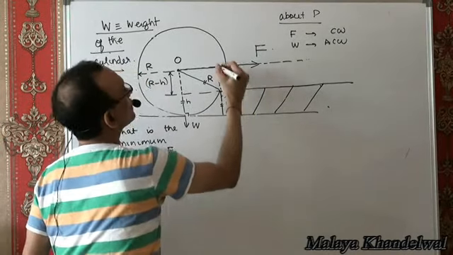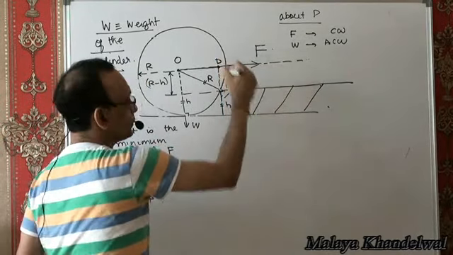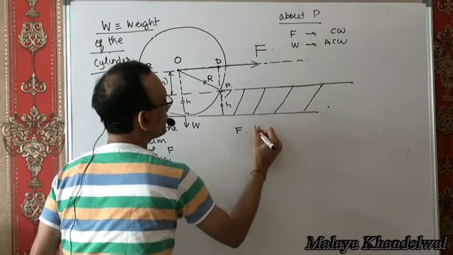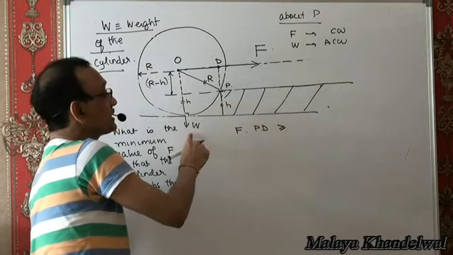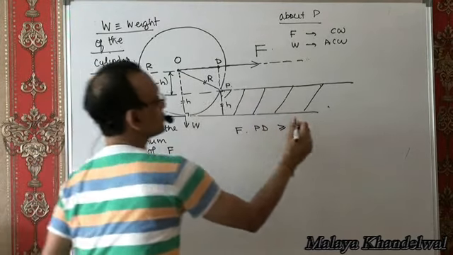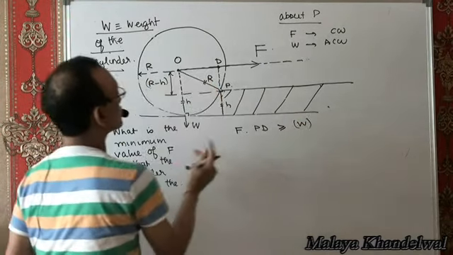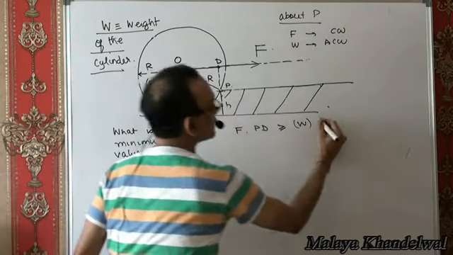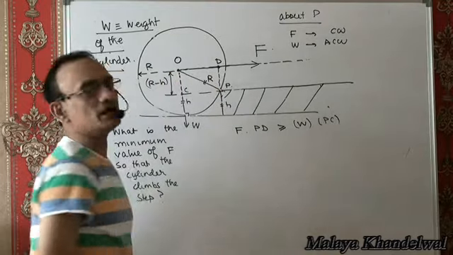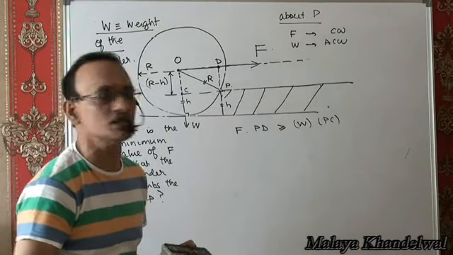F into PD, and that must just exceed the anti-clockwise turning effect produced by W about P. That means W about P is going to be W into PC. That's the underlying condition, the underlying physics in the problem.